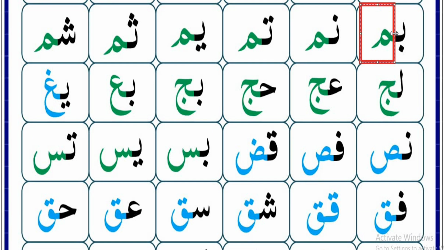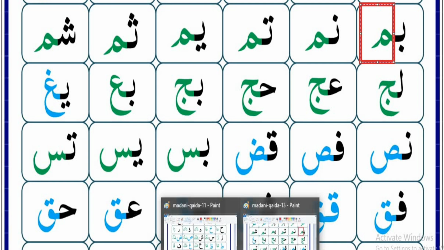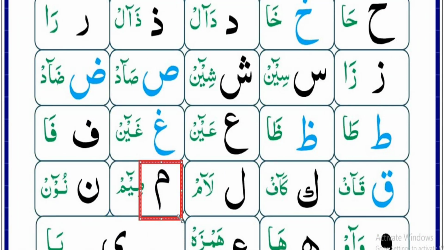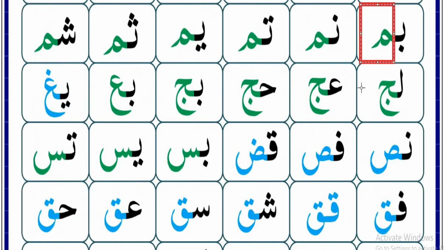As I said, the last letter will always be in its full shape. So this is the full shape of meme, but it's different. It means that meme has more than one full shape. So these are both the full shapes of meme. One is this and the other is this. So it's not the half shape or the head of the letter. It is another full shape for meme.